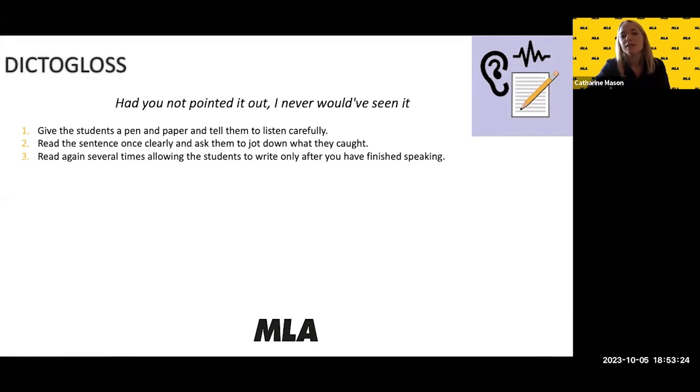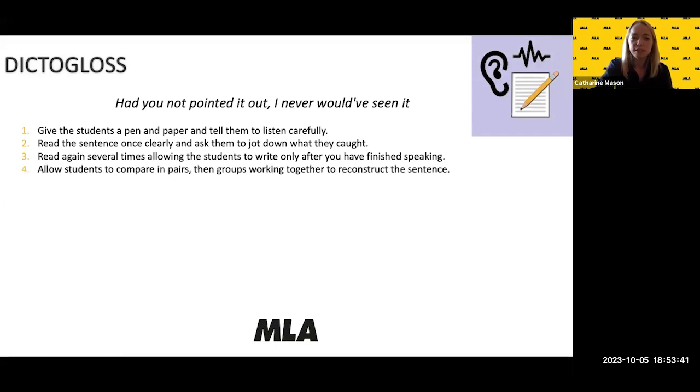Now, we did it with a relatively short phrase here. In the classroom, you may choose to make it quite a bit longer than the example I've given here. The stage we missed out from the example is the next one. Now allow students to compare in pairs, then in groups, working together to reconstruct the sentence.